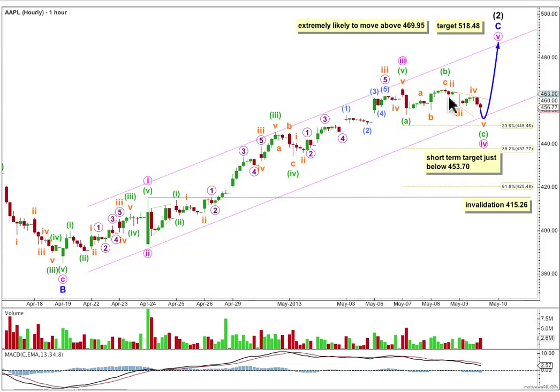But with this sizable sideways movement of the last 3 days, it's made me have a closer look, and have a look at a different possibility for how to label this upwards movement. When I put minute 1 and 2 and 3 here, we start to see some much better Fibonacci ratios, so I have more confidence today that I've got this wave count right, and this sideways movement is just a small 4th wave correction, and we're going to see more highs for Apple.